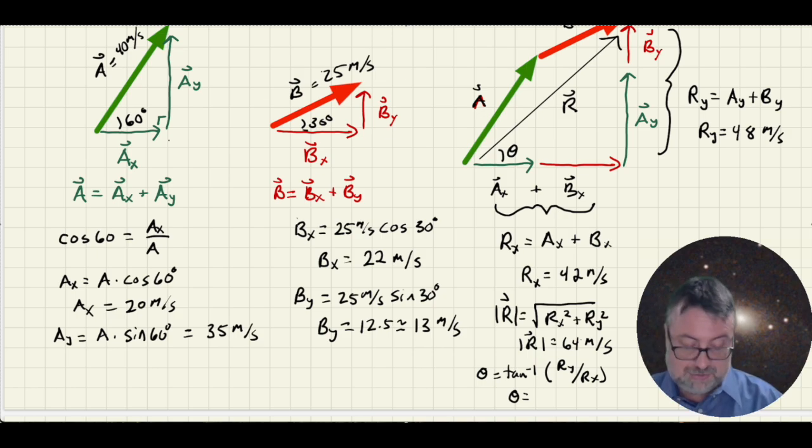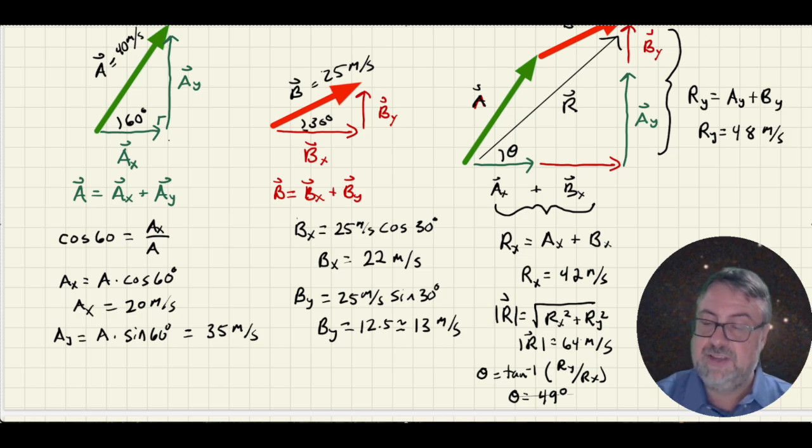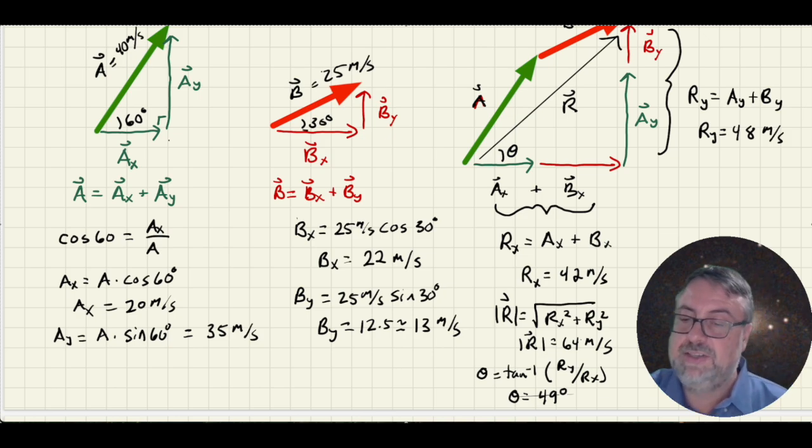It'll be very close to 45. In fact, it's about 49 degrees. 48.8 actually to 3 sig figs, but I've done everything else to 2, so we'll leave it as that.